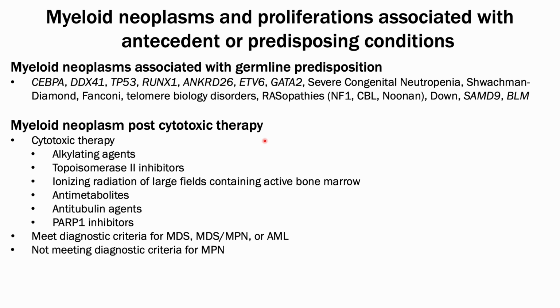For example, somebody who had breast cancer and got topoisomerase II inhibitors, or somebody who had lymphoma and got large fields of radiation, they are more predisposed to developing MDS, MDS-MPN, and AML, but with more unfavorable prognosis. And so this is also added on as a disease attribute qualifier onto the name of the larger original diagnosis. So for example, acute myeloid leukemia, myelodysplasia related post-cytotoxic therapy. And this category specifically refers to MDS, MDS-MPN, and AML, and not MPNs.